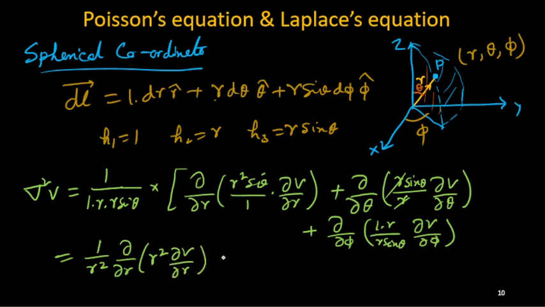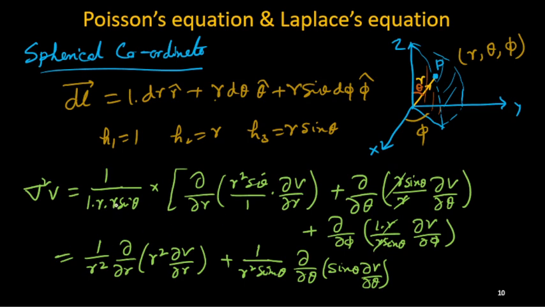Then plus, now here this sine theta I cannot take outside because it's a function of theta. So it is 1 upon r² sine theta, ∂/∂θ of sine theta ∂V/∂θ. And the last one, this r cancels out, and this sine theta I can take outside.